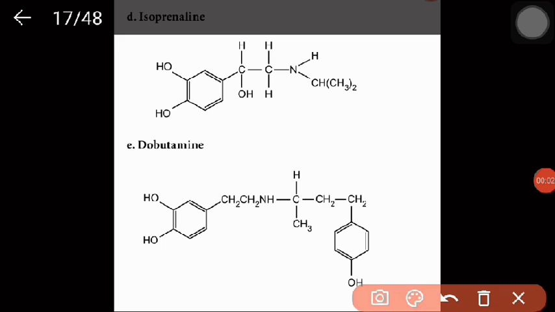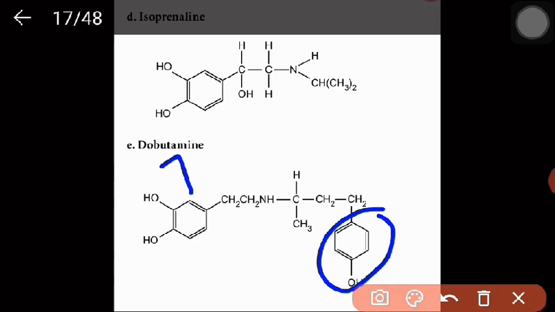Next drug we have to see is dobutamine, and its number is 7. It is having a pyrocatechol moiety, and it is having a substitution of para-hydroxyphenyl, then methyl propyl amino.